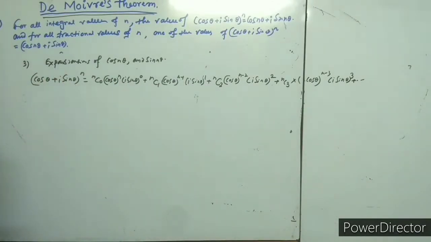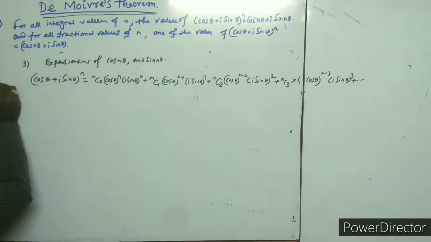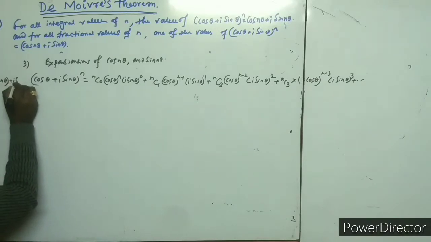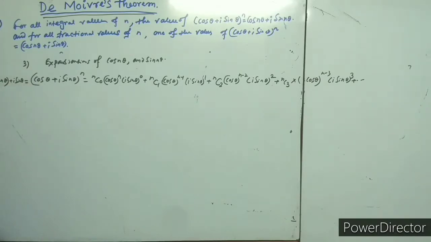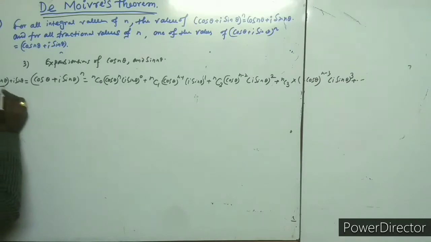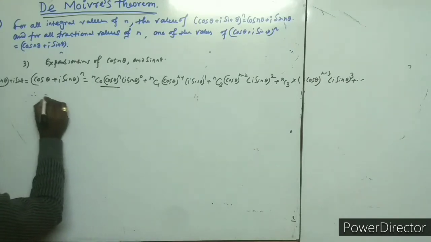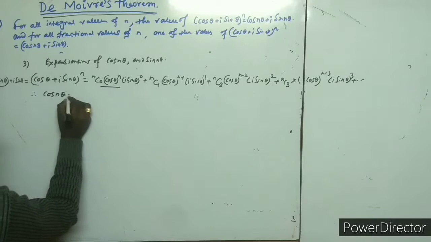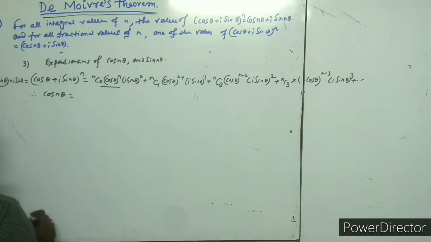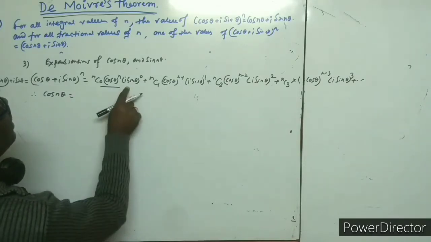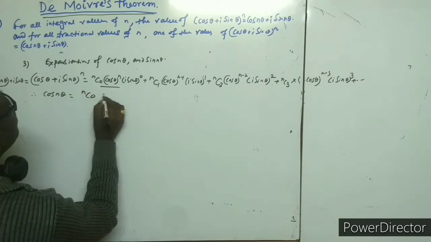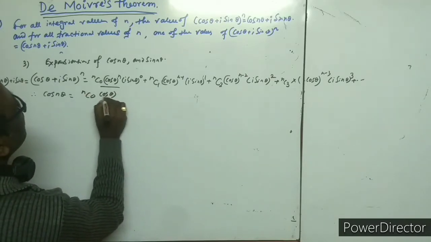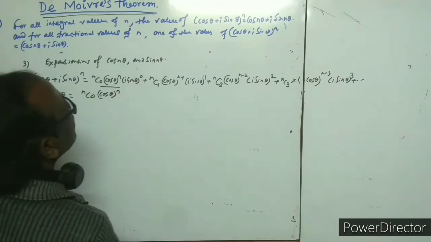So this can be written from De Moivre's rule as cos n theta plus i sin n theta. Okay, so compare with the real part. So you can write here cos n theta is equal to the real part: nC0 cos theta to the power n, and i to the power 0 means 1.